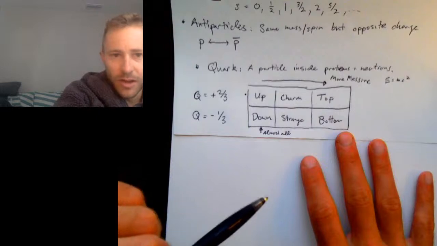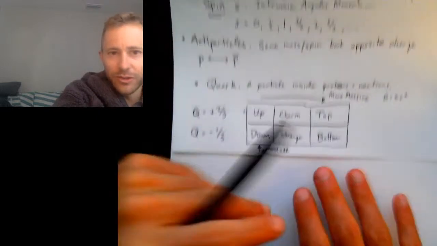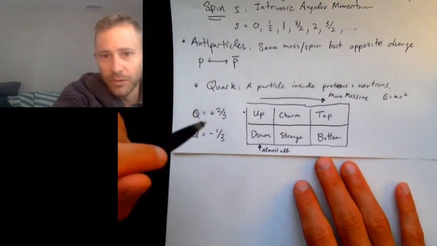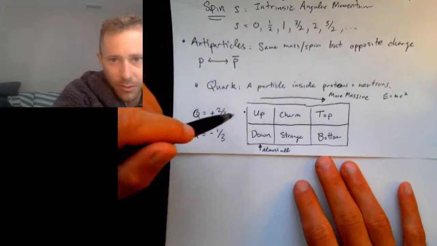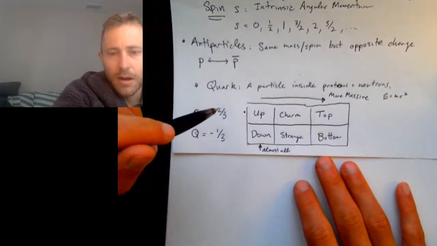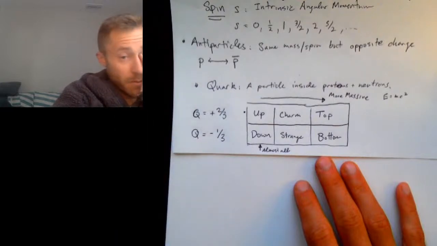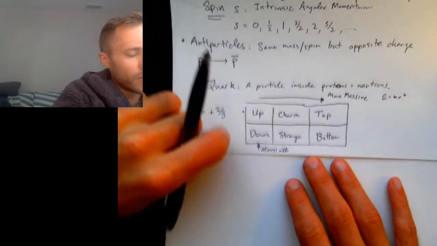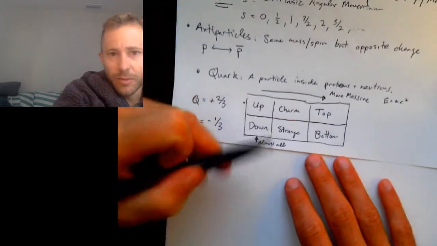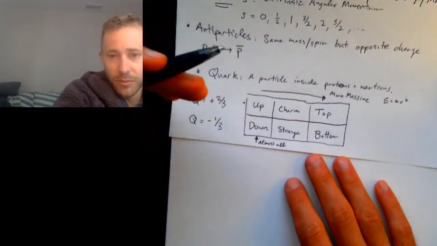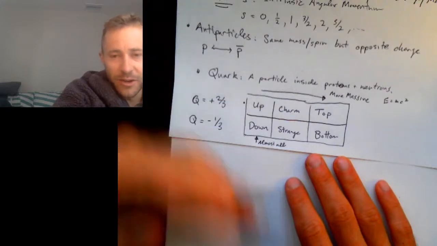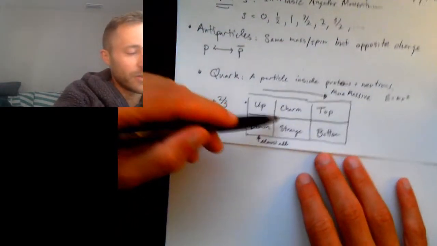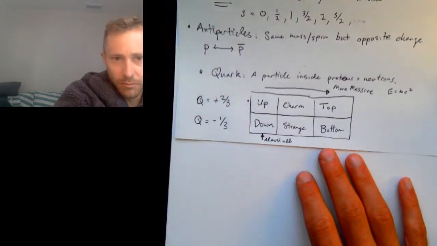So most of the time in the universe, the energies involved are not enough to produce charm, strange, top and bottom quarks. So we just have up and down quarks. All right. So almost all of them are up and down, and we need to have a specially designed particle accelerator experiment to put enough energy into the particles where that energy can be converted into the mass necessary to make charm, strange, top and bottom quarks. Okay.